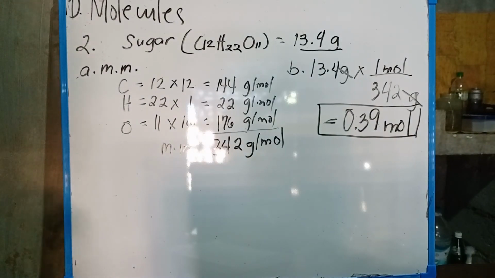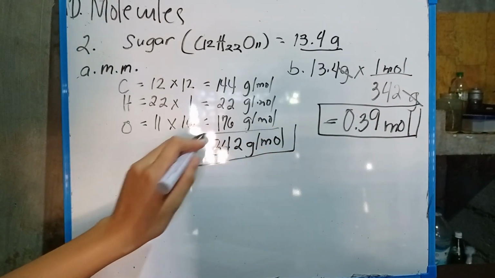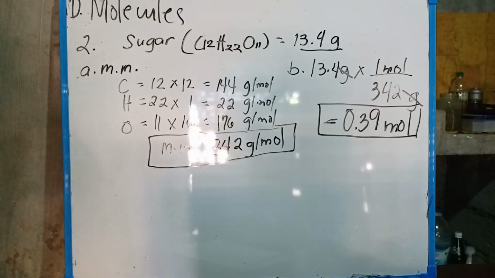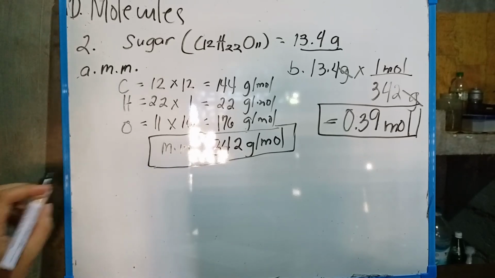Since we have our moles, we can now proceed to solve for our molecules. Kaya ang main problem na to is to solve for the molecules of the given compound.